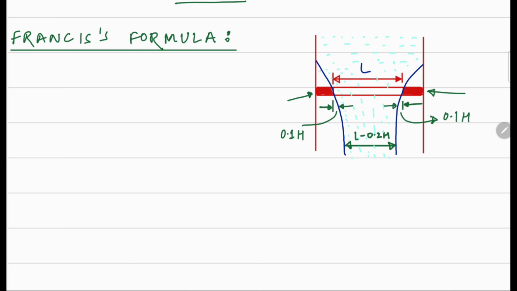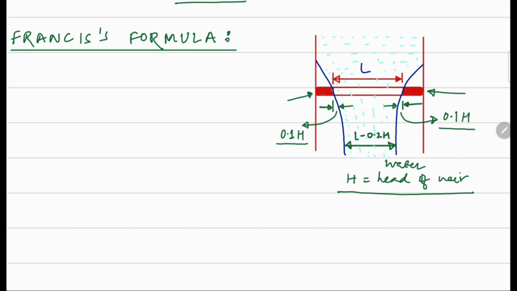When water flows, touching the end contraction, it effectively reduces the width, or length, of the weir by 0.1 times H, where H is the head of the water flowing over the weir, so it is directly proportional to the head.